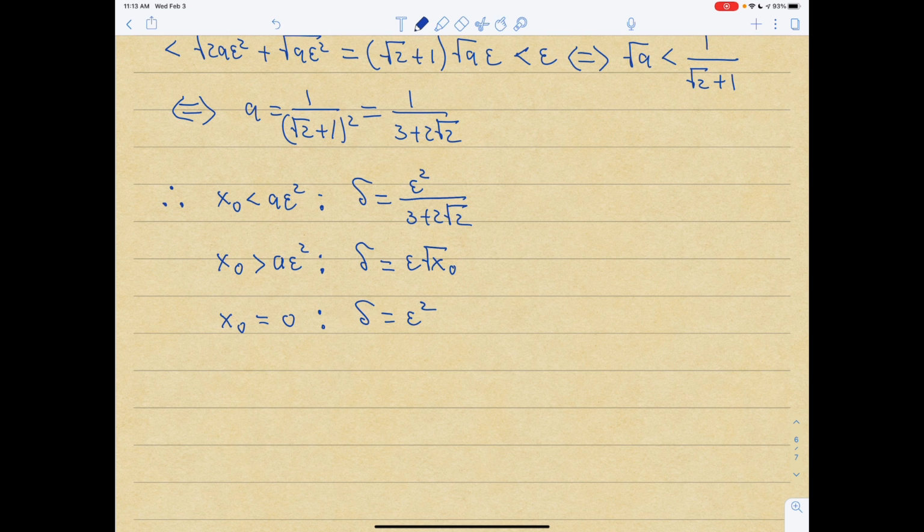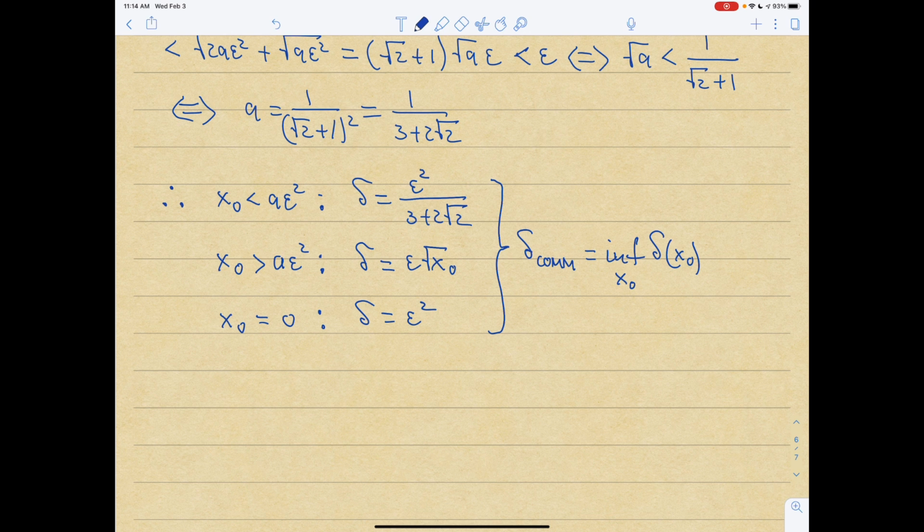Right, and so what do we need to do? The common delta, as we discussed before, is the infimum over all possible x0 of deltas, right? Deltas in general depend on x0.